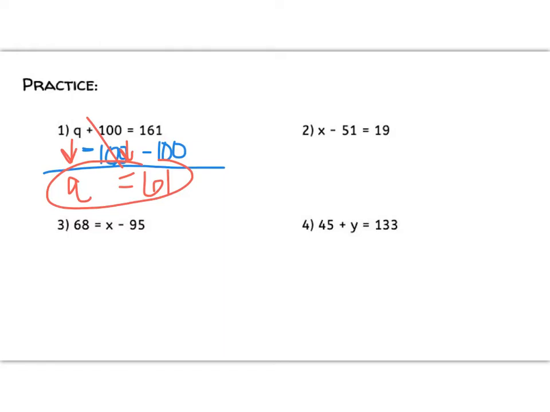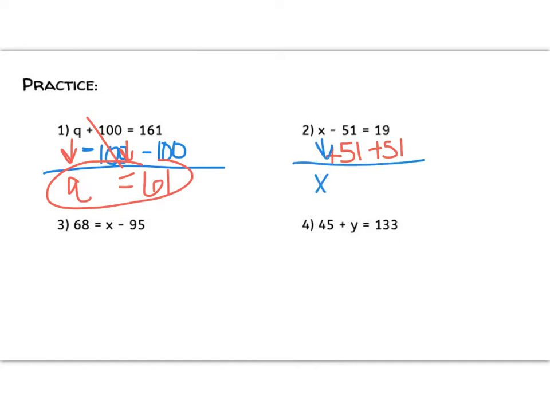Let's look at number 2. X minus 51 equals 19. The x and the 51 are attached by subtraction. The inverse of subtraction is addition. So I'm going to add 51 because my whole goal is to get this x by itself. And I also need to add 51 on the other side of the equal sign. So let's figure out my answer.